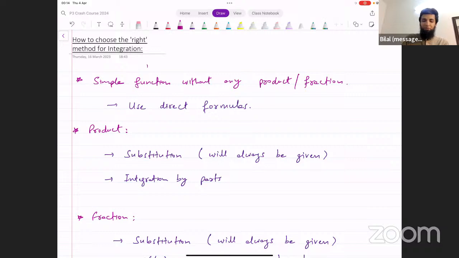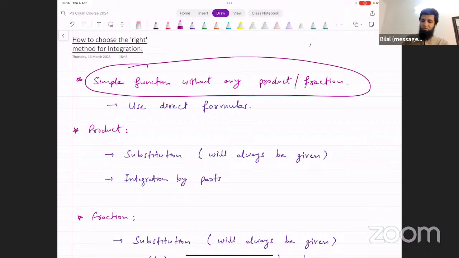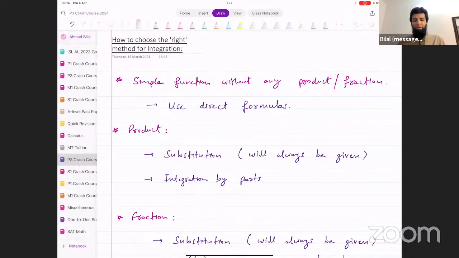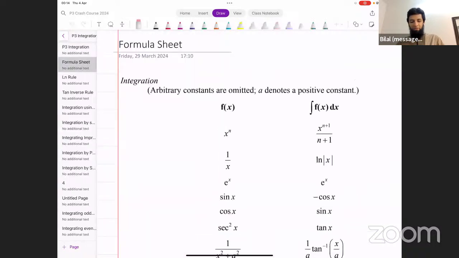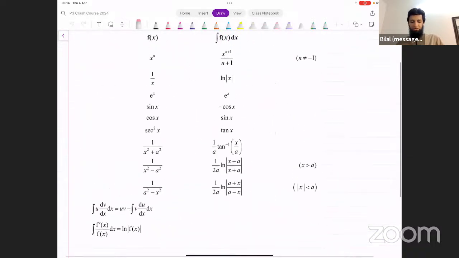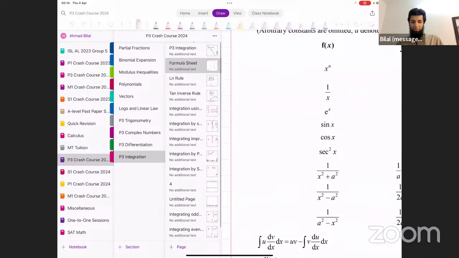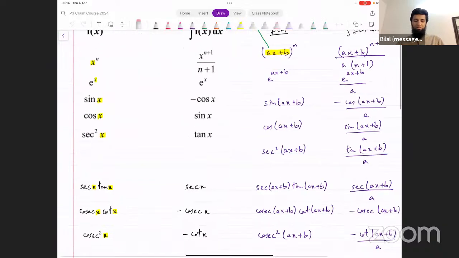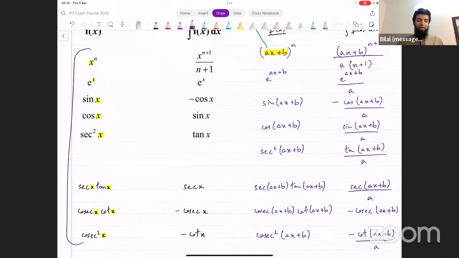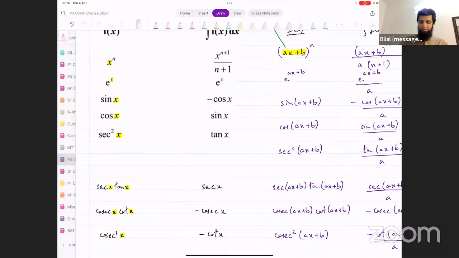One possibility would be that you have a simple function that can be integrated directly, which means you have one of these functions that can be integrated directly. You know the rules for them directly. That is one possibility. If you have a function like this, you just integrate it directly using these rules.